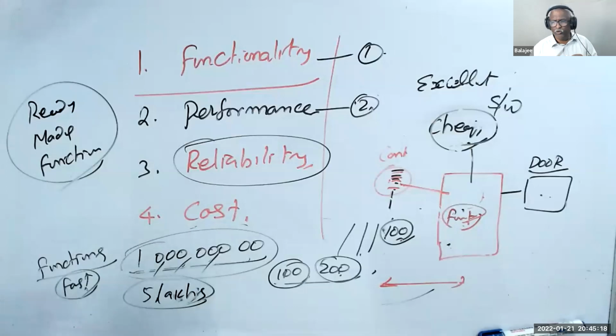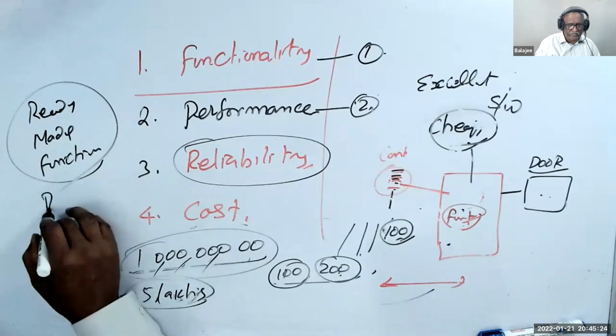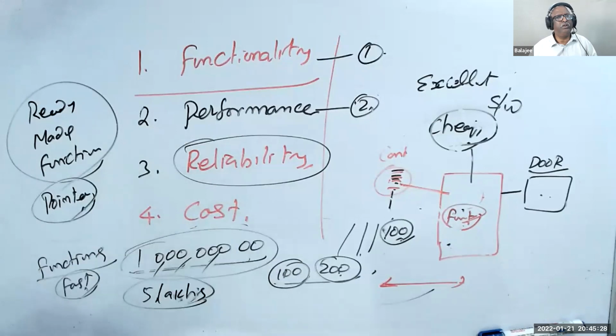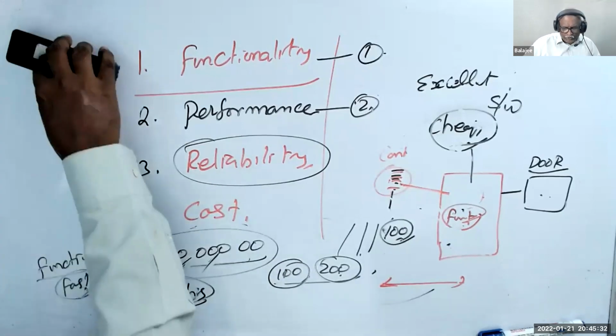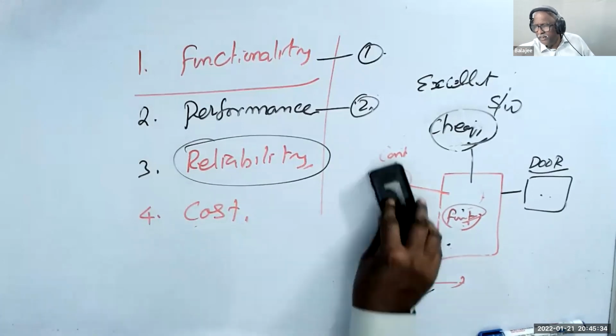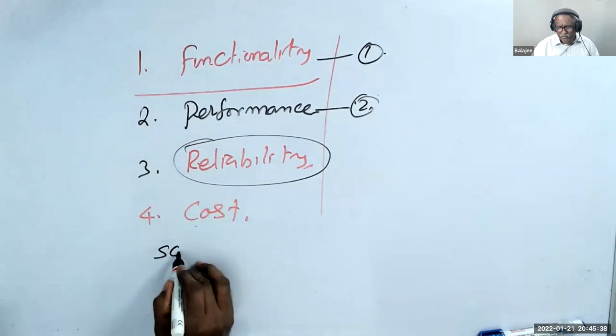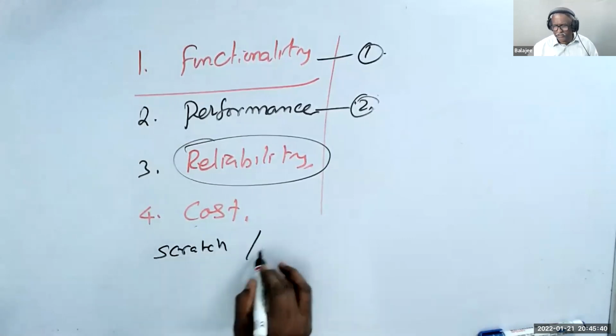That's why the company will ask you, can you write code from scratch? That means using your pointers, directly doing it, not using the ready-made functions. That's why in our embedded system programming, we teach both scratch and function.